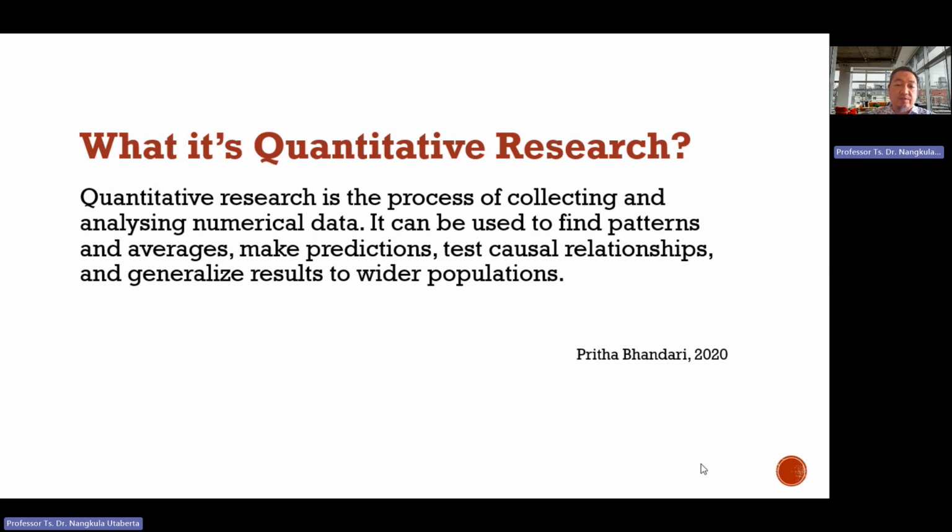Those are the ideas of quantitative research methods. Remember, quantitative uses the word quantity. Quantity means numbers. So it's numerical data that you are working on, meaning you are using quantitative research methods.